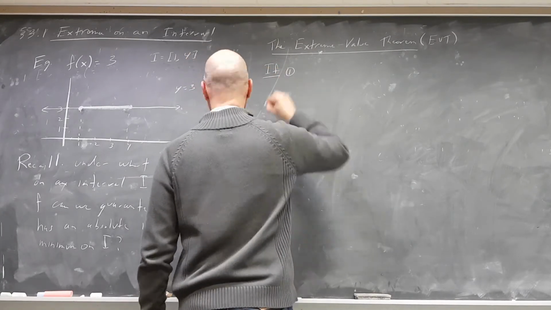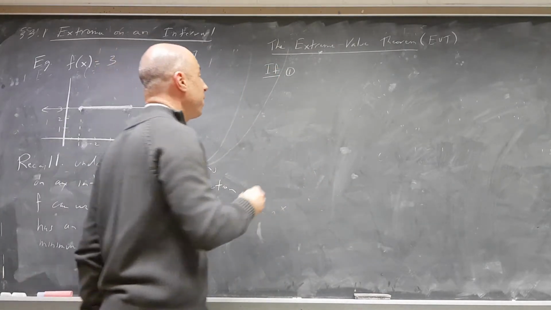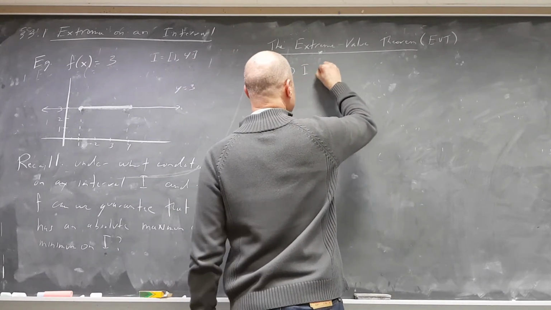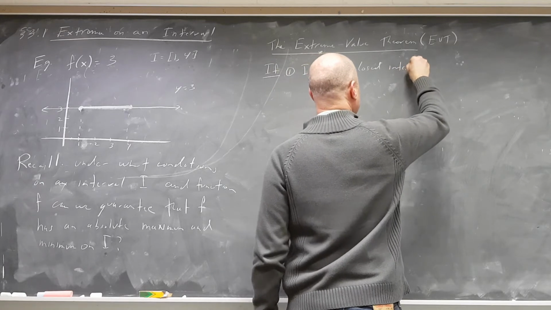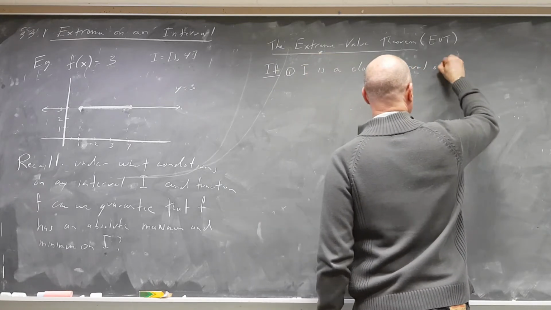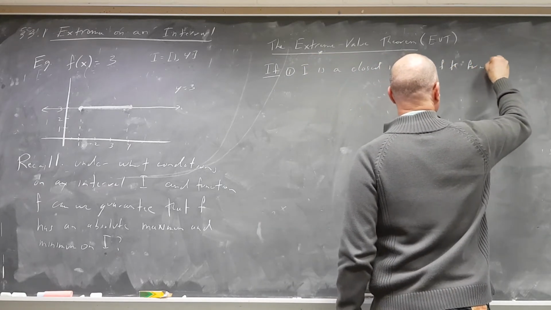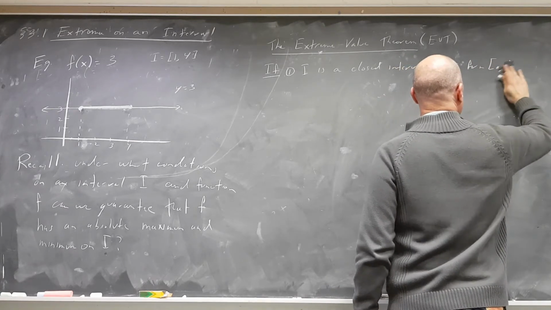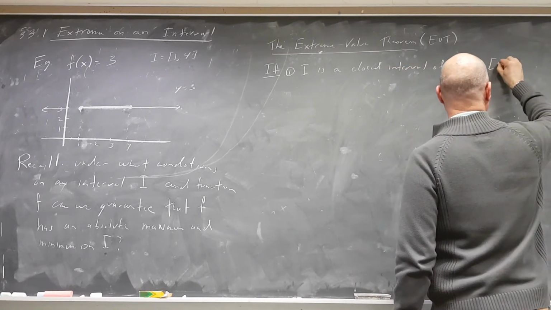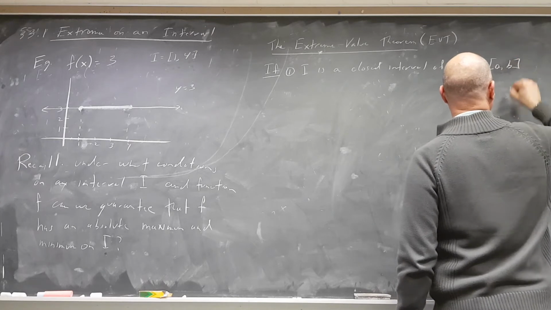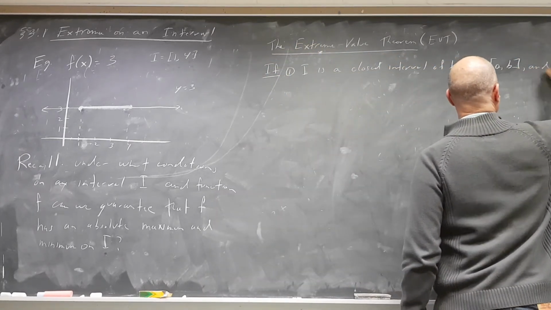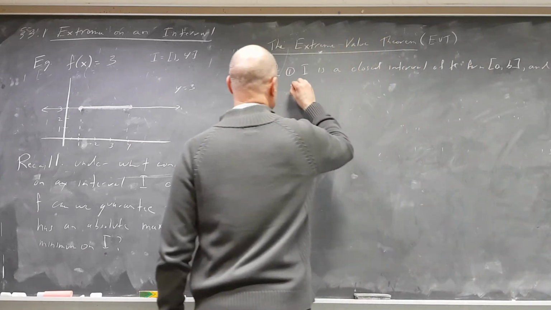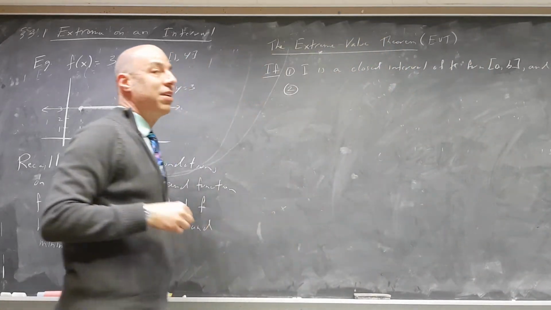the first hypothesis has to do with the interval. If I is a closed interval of the form [a, b]. So we include both endpoints. It's a closed interval. And so that's the thing that has to be true about the interval.